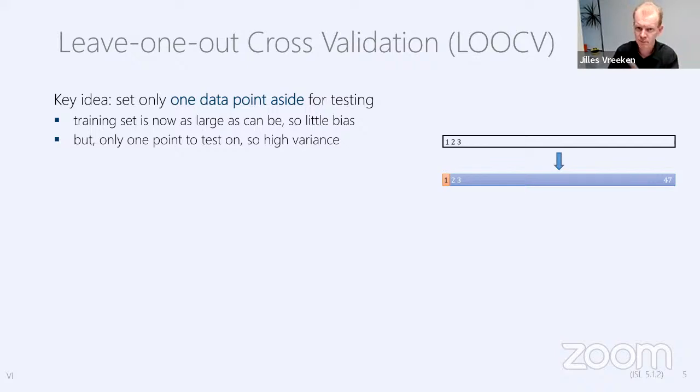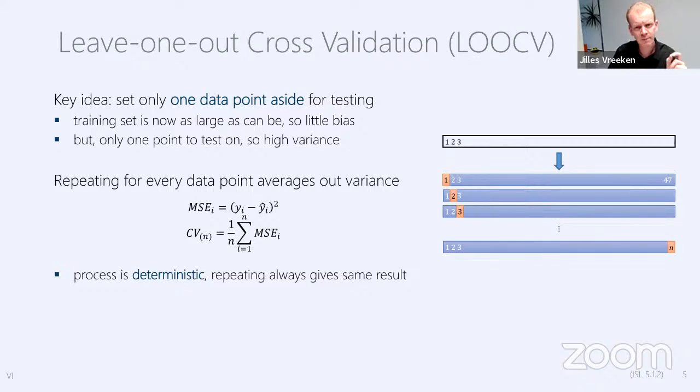So we'll have a very high variance in our error estimates. Now again, averaging to the rescue. If we simply repeat this process for every data point, so in this particular case, I train on data points 2 up till n, and I evaluate on data point 1. But I can also train on data points 1 till n, except for data point 2, which I evaluate upon, and so on and so forth.